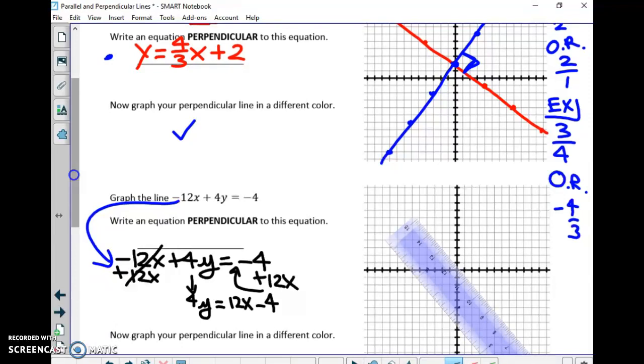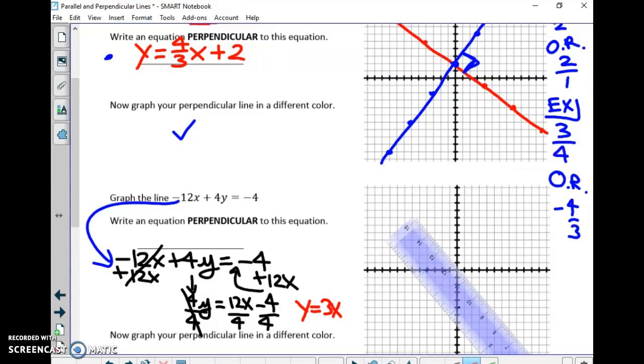And then my last step to get rid of that 4, I'm going to do what? Divide by 4. Everything gets divided by 4. So my final equation here will be y equals 12 divided by 4 is 3x.